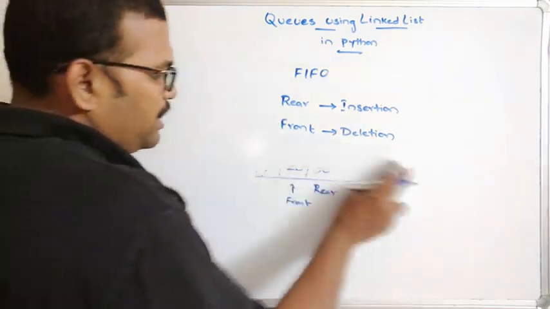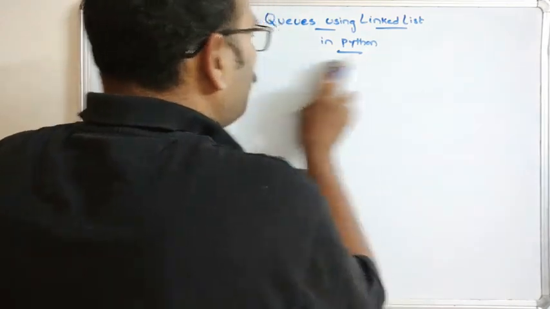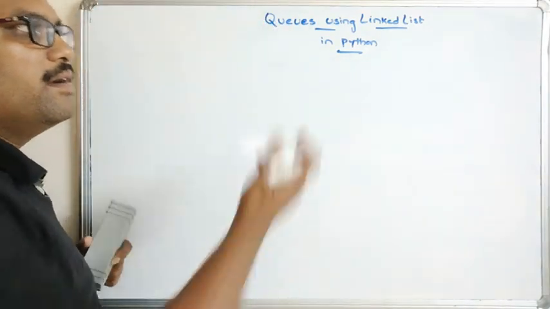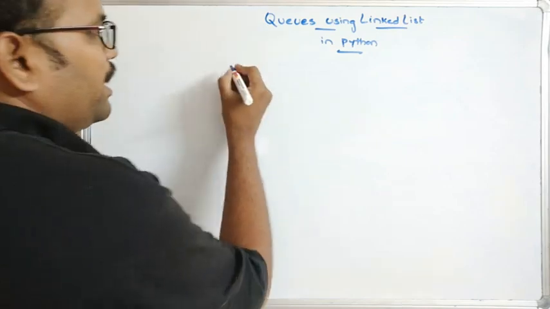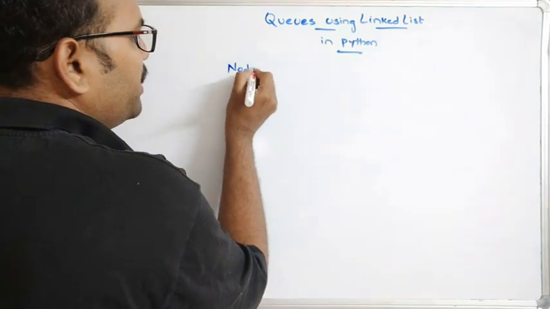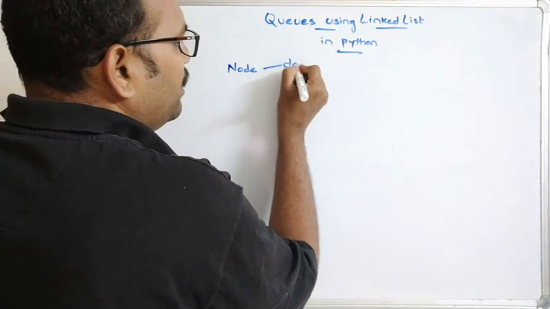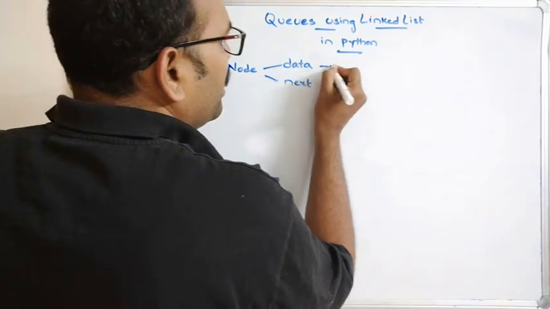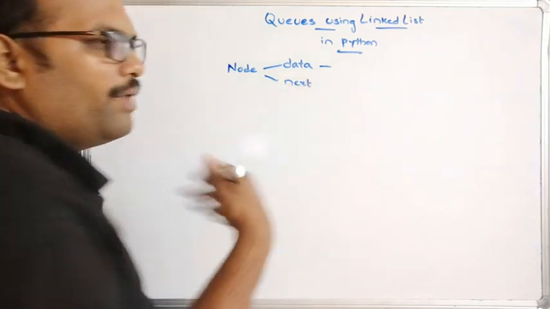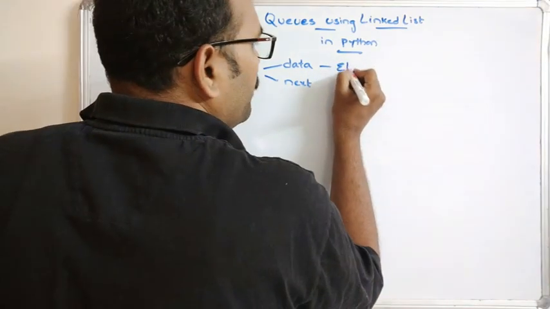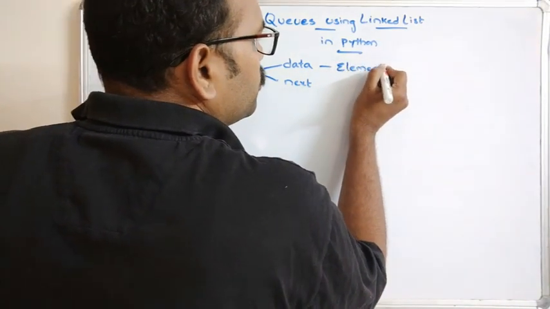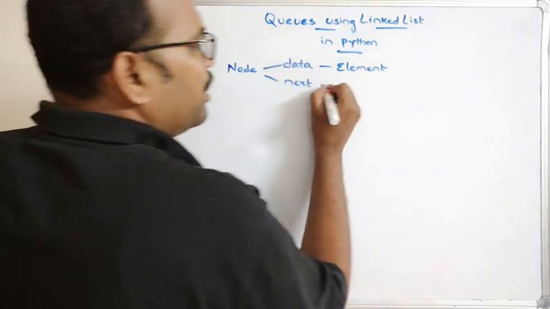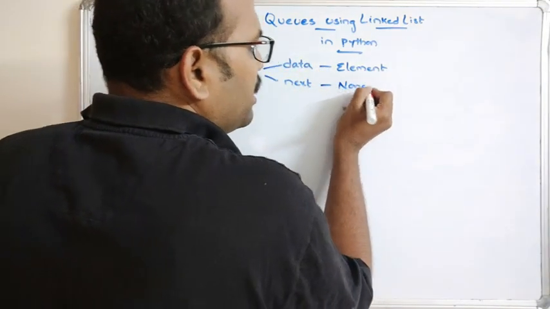Now we will see the implementation in Python. First, initially we need to take the linked list. In the linked list we will take a node, which will have data and next. The data will be whatever element we are inserting, that element will be initialized to data, and initially the next will be none.